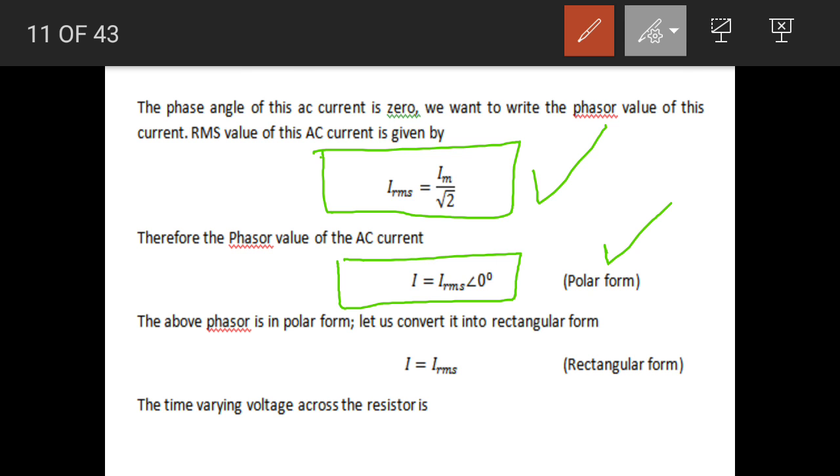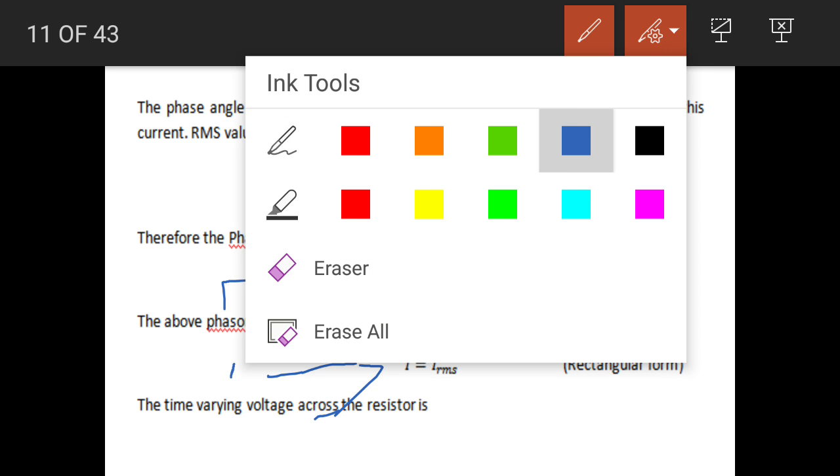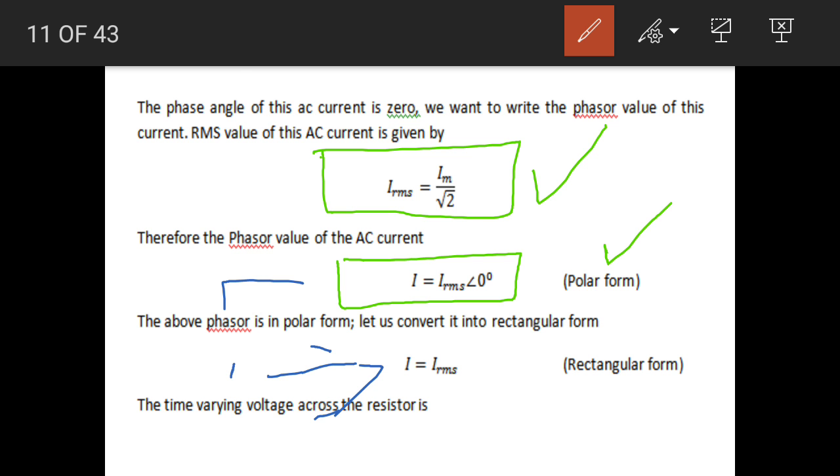We convert the polar form of representation into rectangular form. If we convert this polar form into rectangular form, the imaginary component of this AC current will be 0, and this current will have the real component only.